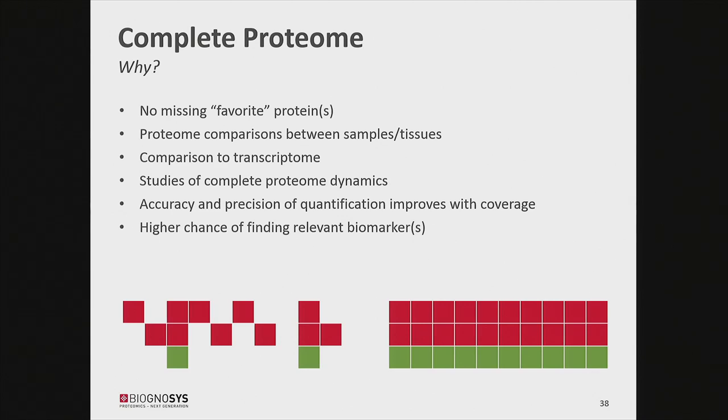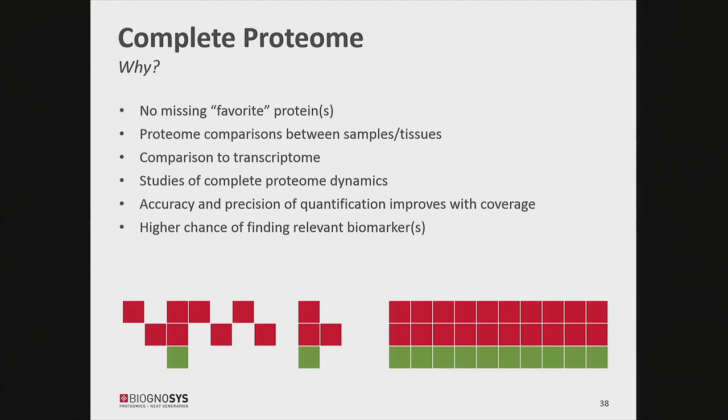I think it's interesting because, if you spend a few thoughts on it, there are a couple of interesting things. Why is coverage important? Why do you want to have a complete proteome? There are a number of non-linear effects, meaning with increasing coverage, these effects are not linear, they are overlinear, so they grow like that.